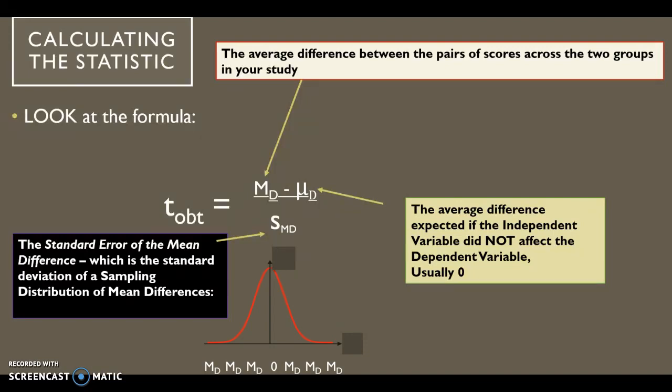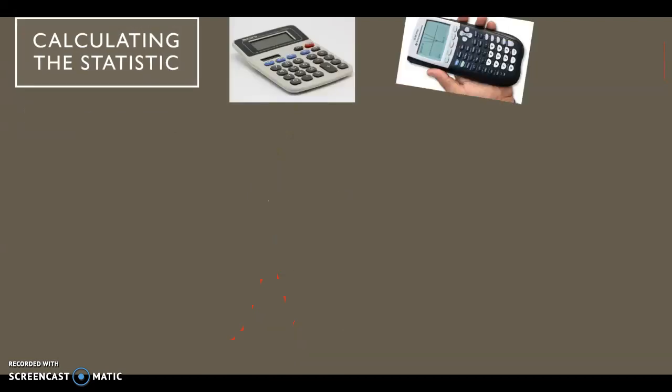Just like all sampling distributions, they are constructed as if the null were true. And so the null says that the average you get is going to be 0. They're all going to be normally distributed around that. And then you can compute a standard deviation of those mean differences. And that's what a standard error of the mean difference is. So we go ahead and we calculate the statistic, and I'll do that in part 2.